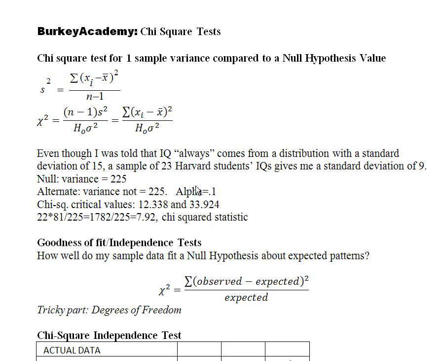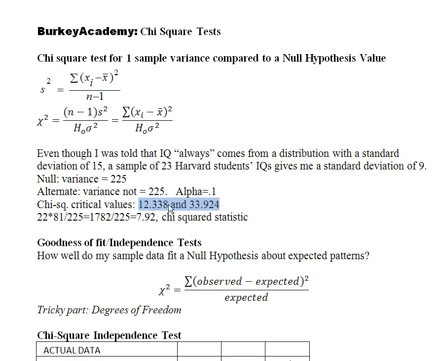So the chi-square statistic we get here is 7.92, and that 7.92 is outside of the range. It's lower than this lower critical value. So an alpha of 0.1 means that if the null hypothesis is true, 90% of the time we should have samples that generate chi-squared statistics between these two numbers, 12 and 34 roughly.